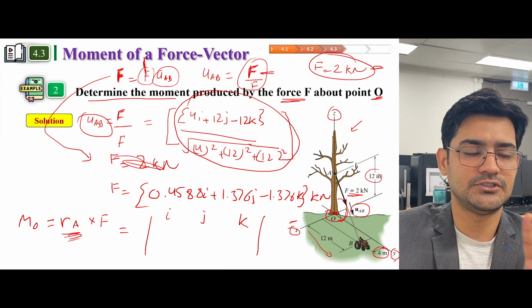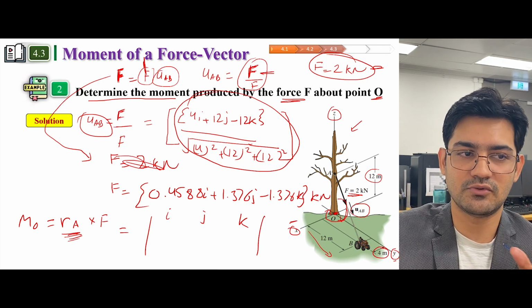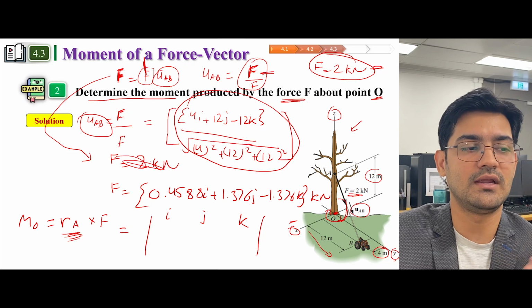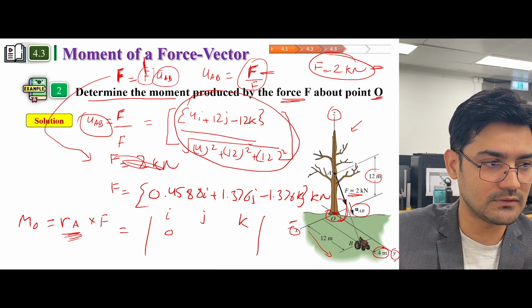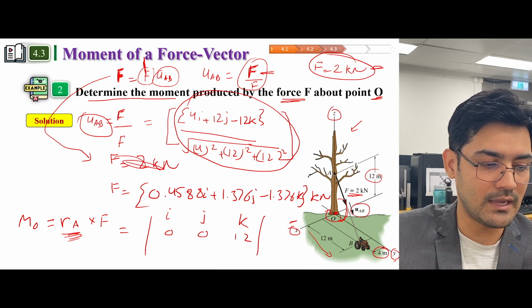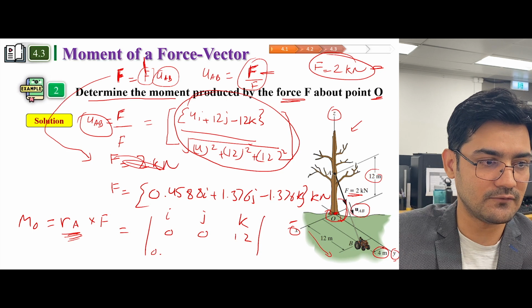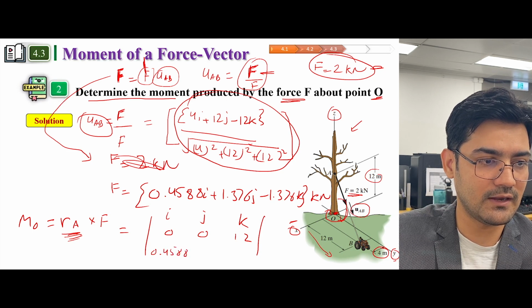So this example is just to give you a rough understanding of how you can calculate the forces, and I'm not going into the details, but if you calculate RA, you will get 0.0012, and we have already calculated the force, which is 0.588 and 1.376 and minus 1.376.